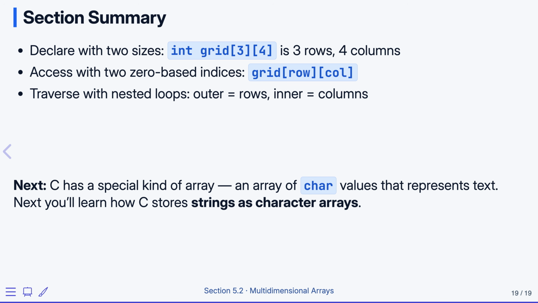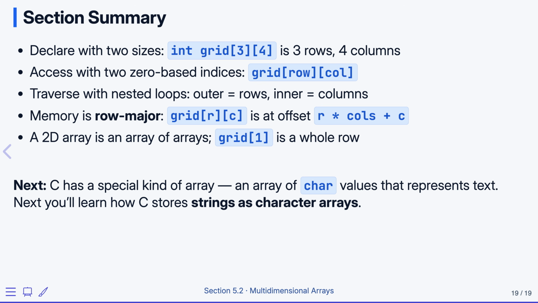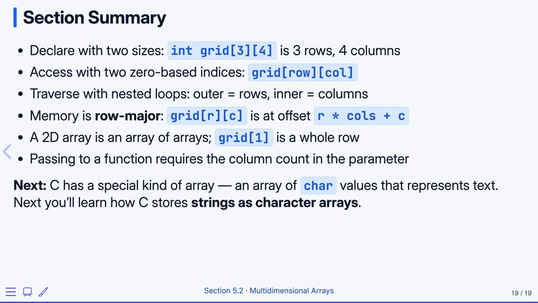The standard traversal uses a nested loop, outer for rows and inner for columns. In memory, C uses row major order, so grid[R][C] sits at offset R times COLS plus C. A two-dimensional array is literally an array of arrays, so grid[1] is a whole row. And passing a two-dimensional array to a function needs the column count in the parameter.